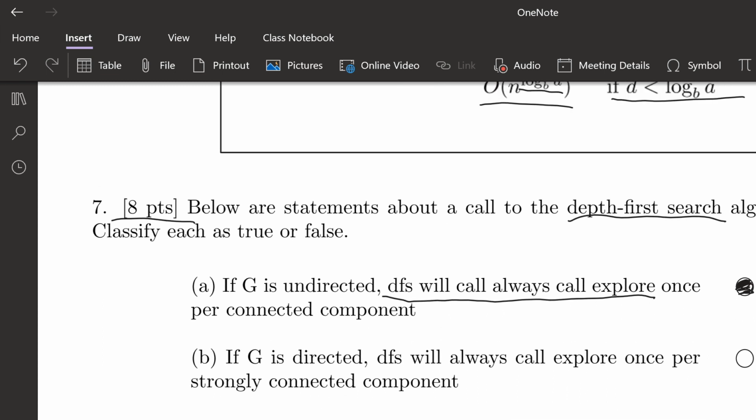Okay. C, if G is undirected, DFS will run in time linearly proportional to the size of G's representation. What does that mean? It has to do with the space complexity being proportional to the runtime, like what you said of the matrix.